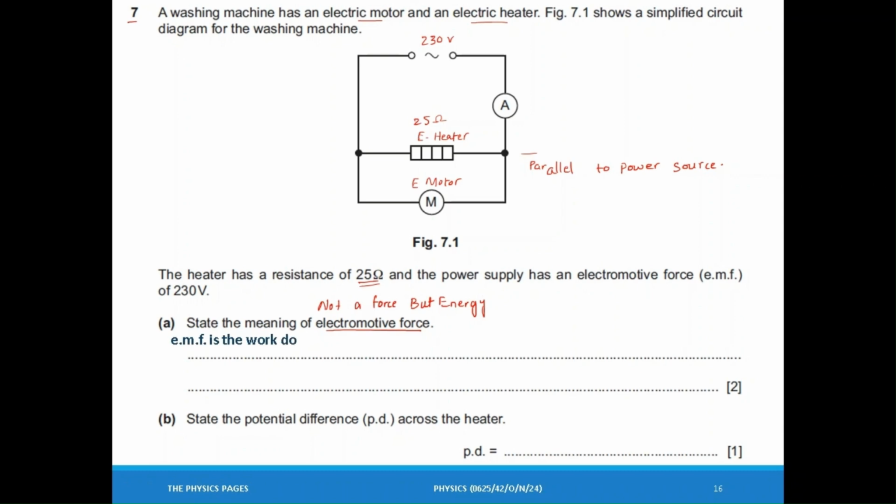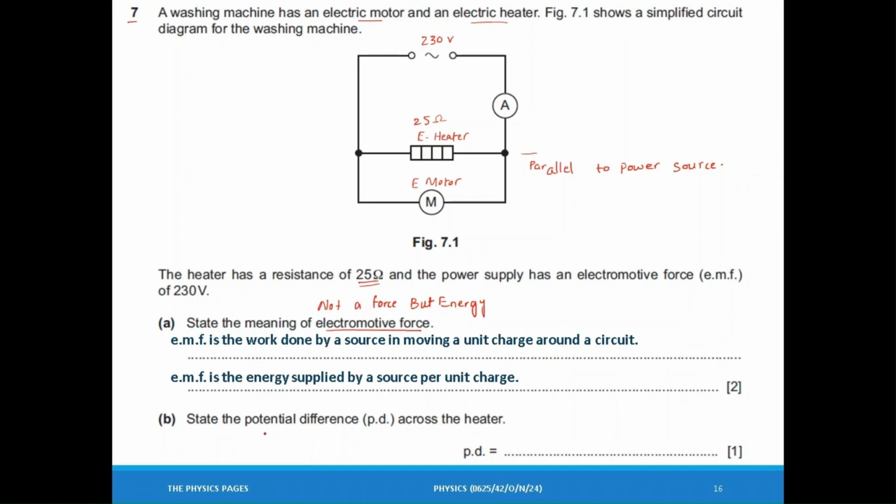Or, in another way, we can simply say it is the work done by the source, which can be a battery or a power supply, in moving a unit charge around a circuit. Simply, EMF is the energy supplied by a source per unit charge.